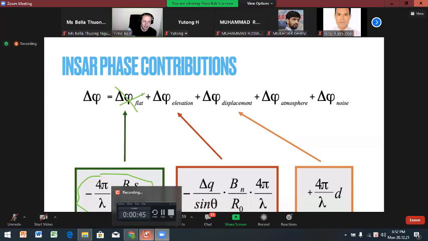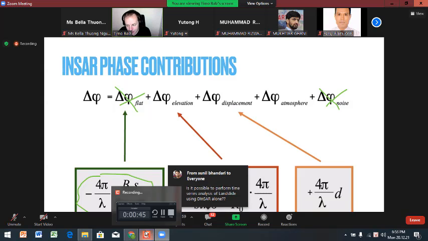Then we have contributions from elevation, displacement, atmosphere, and noise. Noise is hopefully small, because here we talk mostly about thermal noise. So the three main components are the elevation, displacement, and the atmosphere.